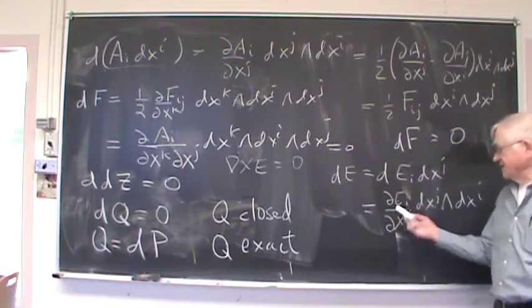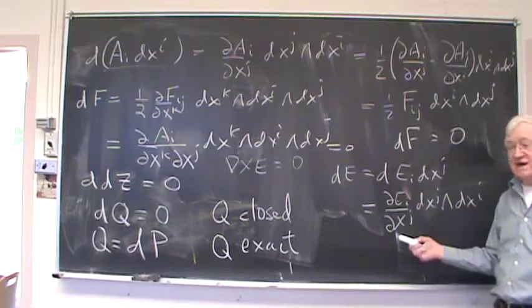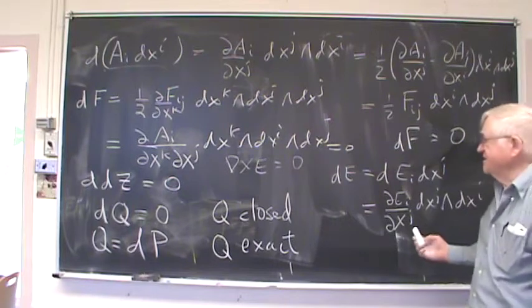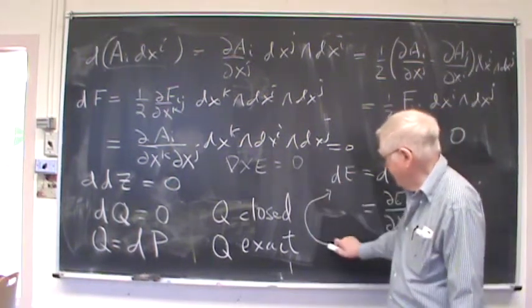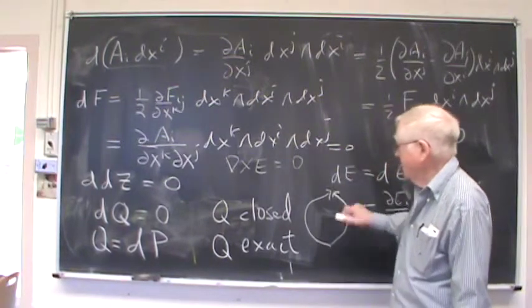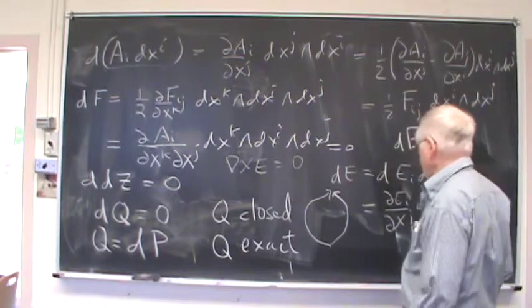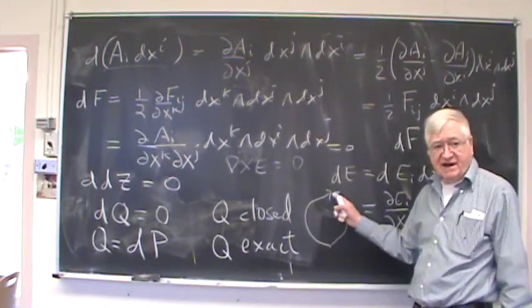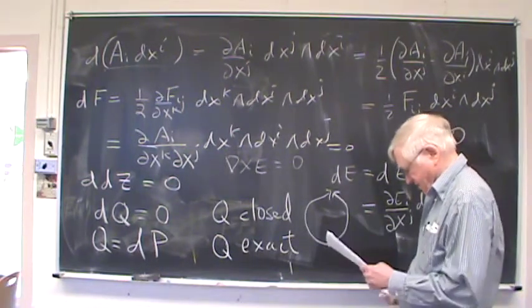This is saying that the antisymmetric combination of the derivatives is 0. That's just what we mean by the curl of E being 0. If the curl of E is 0, then it doesn't matter whether you integrate E this way or that way, you get the same thing. And in fact, that's the work done on a charge moving in a static electric field.